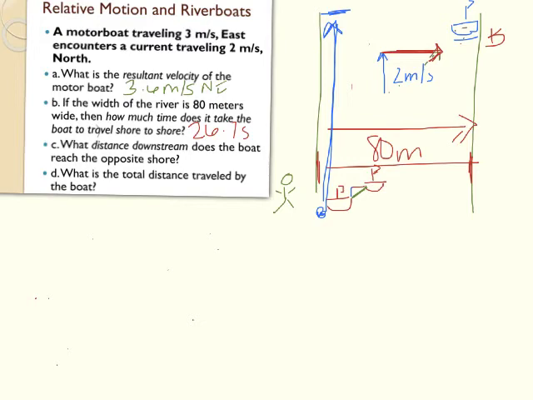And what speed is literally moving the boat downstream? Hopefully you're picking up on my color coding and my arrows and things like that. It's the current. The current moves the boat downstream. The boat moves it across the river, okay?